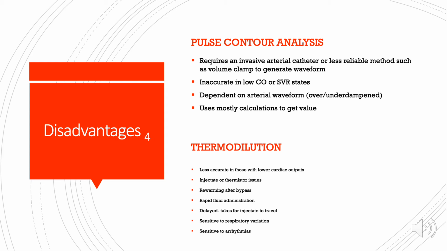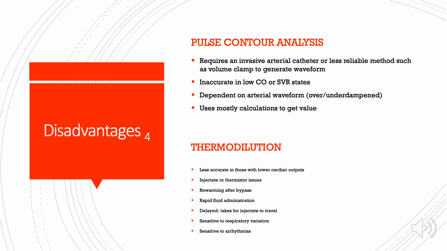As it is dependent on the arterial waveform, it is really affected by any over or under dampening of that waveform. So it really needs to have a very accurate arterial waveform to generate an accurate cardiac output value. It also uses mostly calculations to get the value. It's not directly measured, so that's a disadvantage as well.